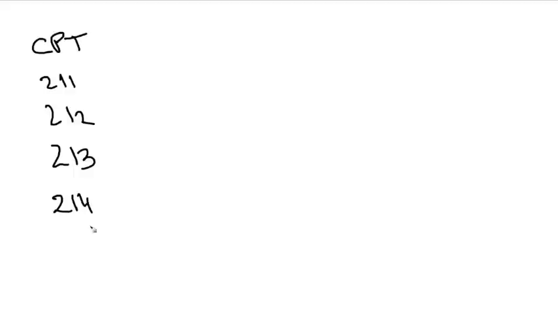So let's put it all together now and make a nice table here. The CPT codes 211, 212, 213, 214, and 215. And here we have medical decision, examination, and history.